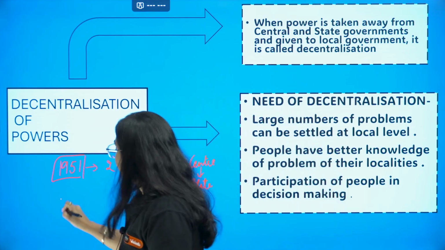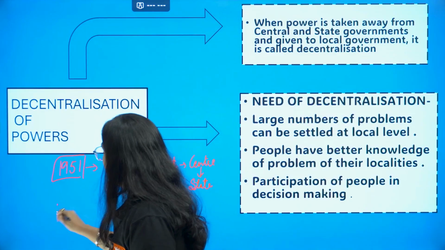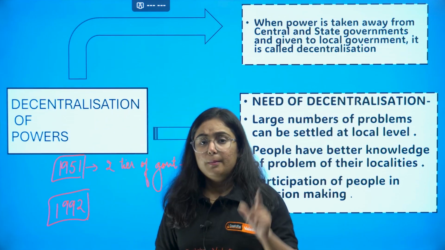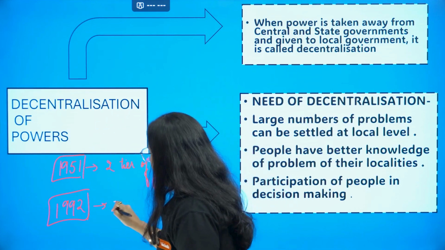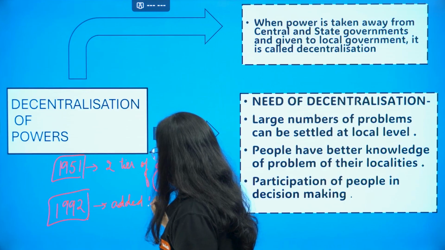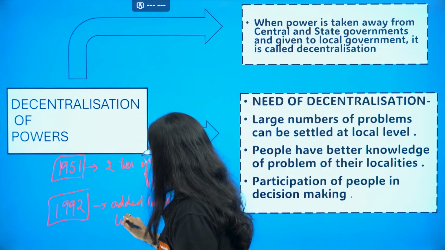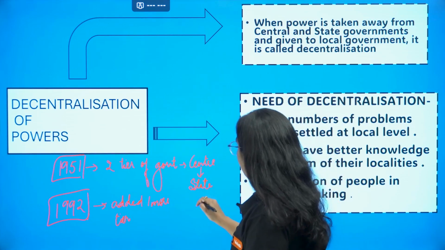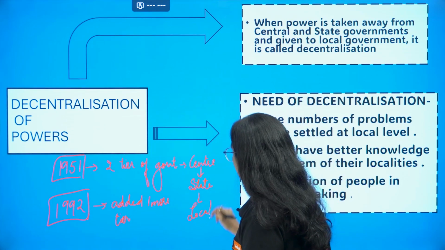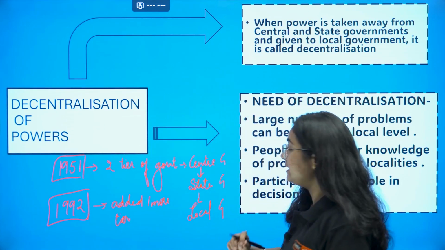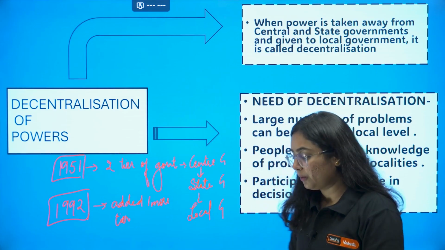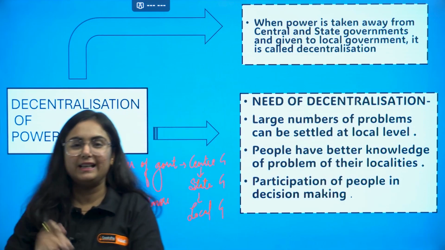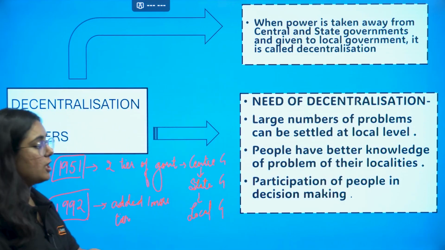But in the year 1992, we added one more tier to the level of government, and that is local government. Now, the topic is totally related to this, which we call decentralization.